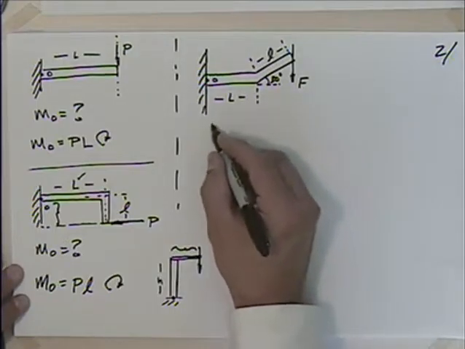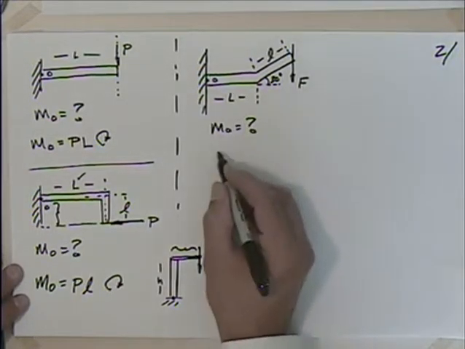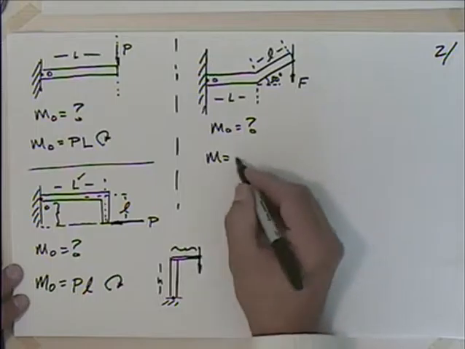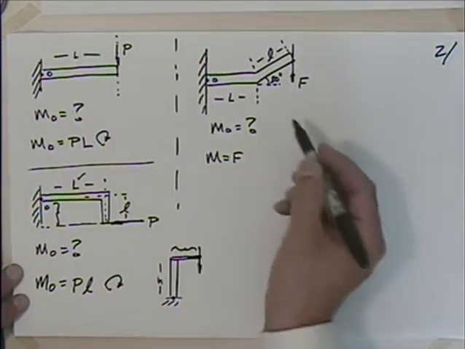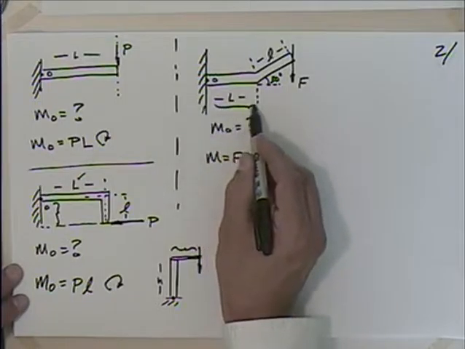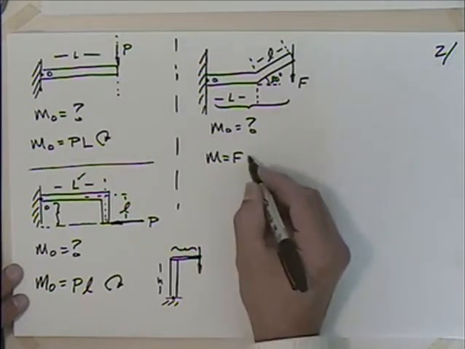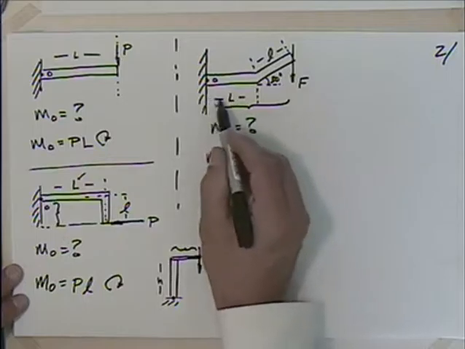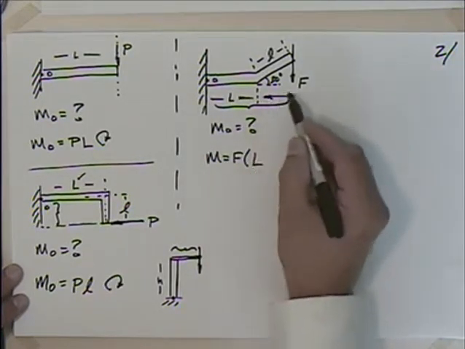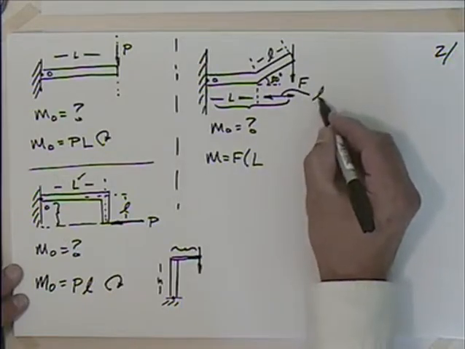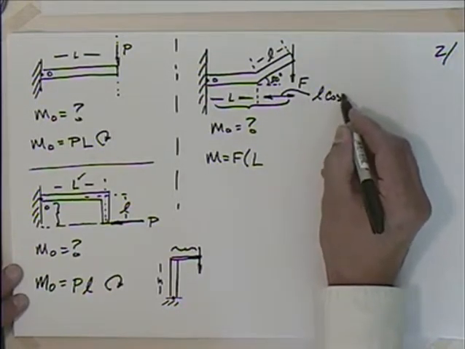So if we look for the moment about O in this one, it's equal to the force F. There's that force F. That's pretty straightforward. And then I have to come up with effectively that whole distance there, don't I? So that's going to be lowercase l. That gets me this part there. And then what's this piece here? Well, that's L times the cosine of 30, isn't it?